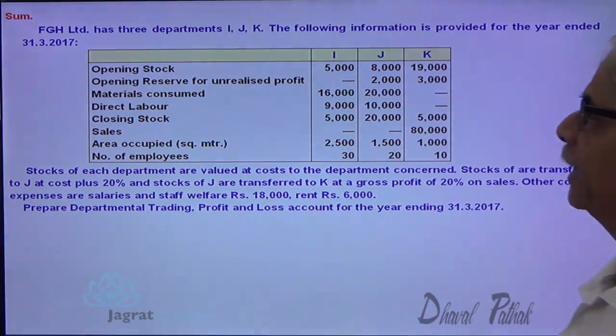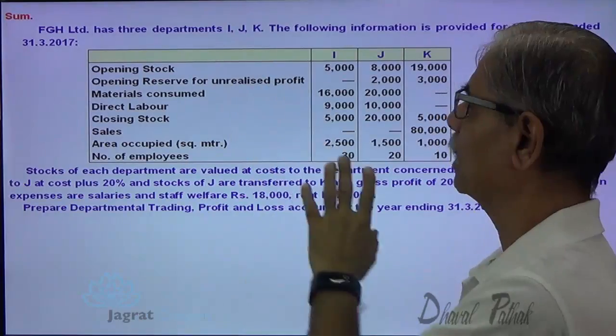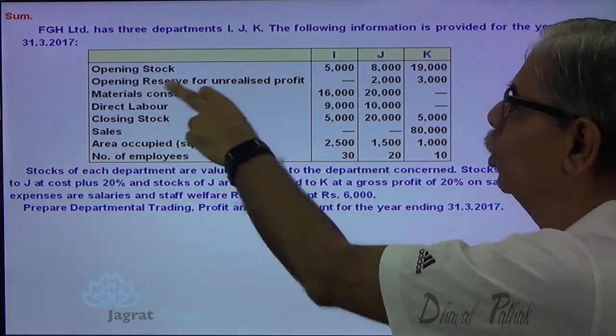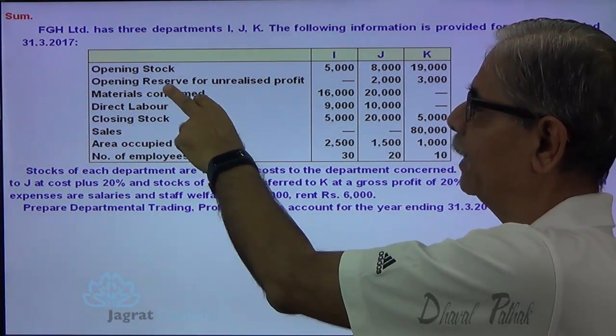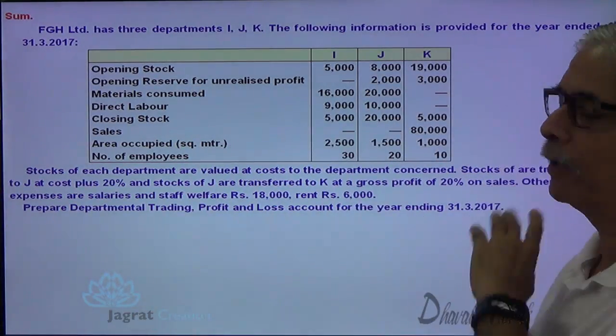EFG Limited has 3 departments I, J, K. Following information is provided for the year ended on 31st of March 2017. I, J, K: opening stock, opening reserve for unrealized profit.